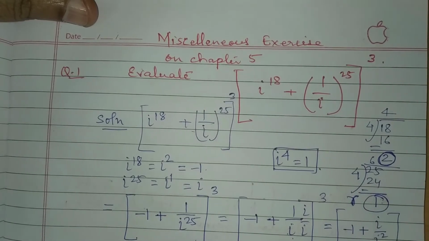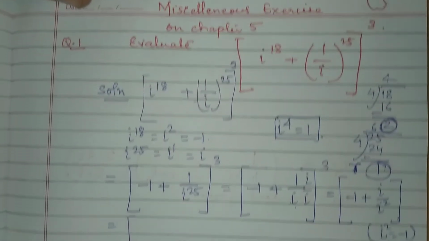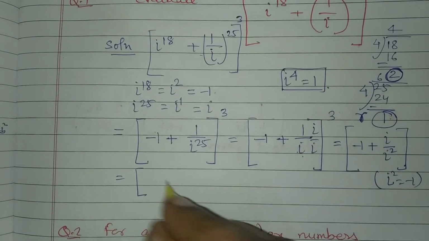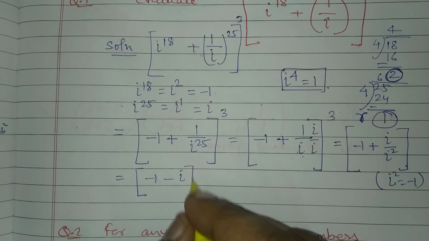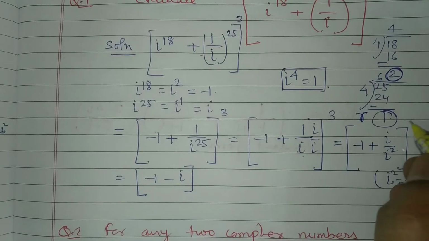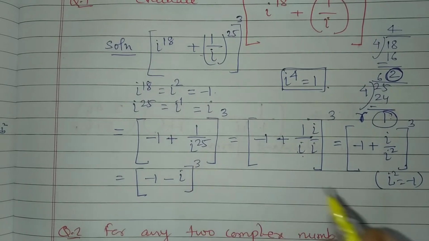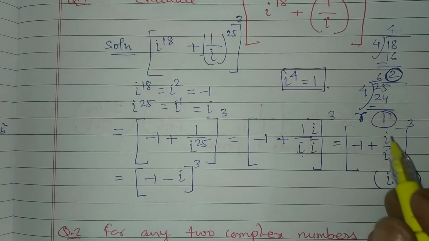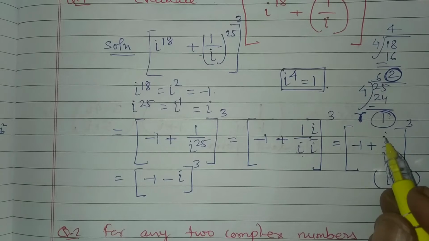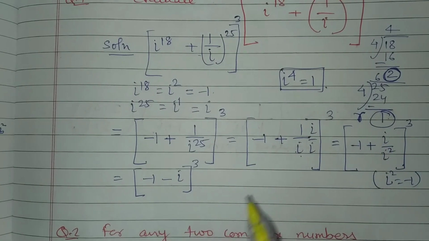Therefore this can be written as minus 1 minus i and whole to the power 3. Okay, because i square is equal to minus 1, so minus 1 divided by i plus i, so it becomes minus i.